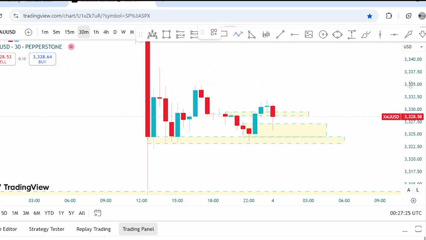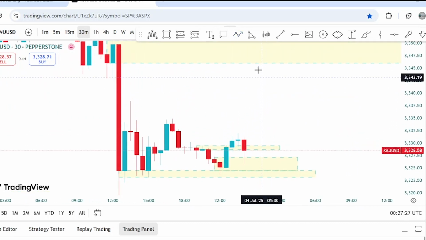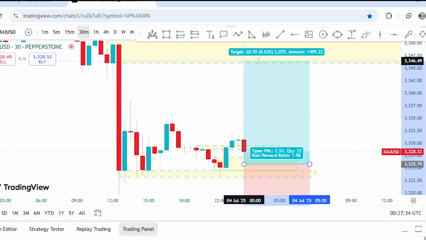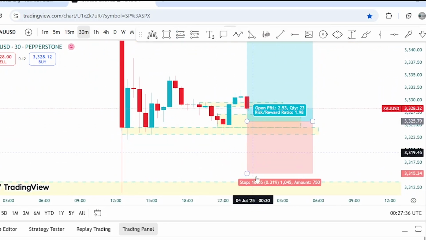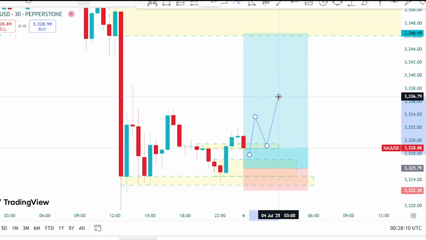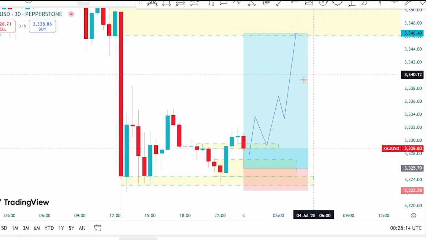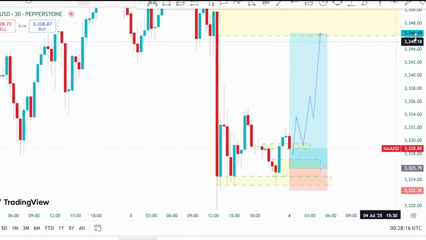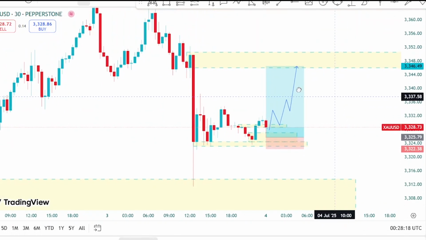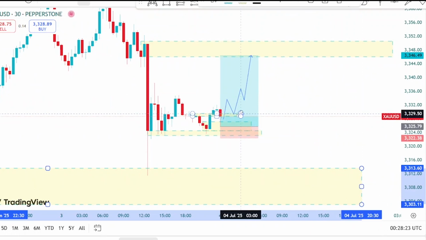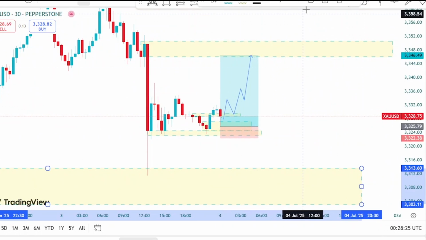We can even enter from now, and the stop loss has to be below this area. Let's see what happened from here. From this area, we are anticipating a buy, but it all depends on how the price will react from this area.